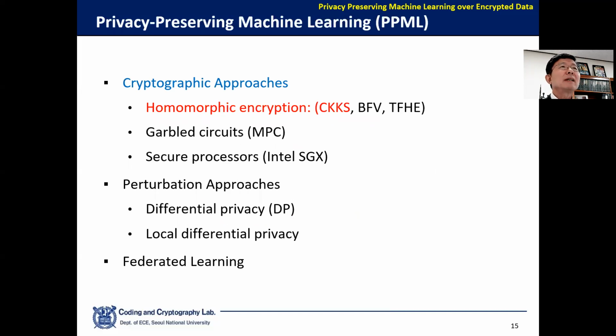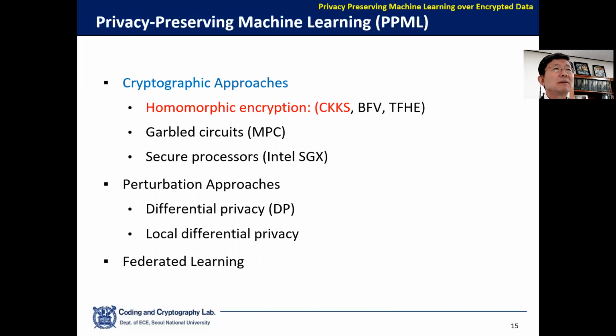Okay, there are several different types of PPML. The first one is the cryptographic approach, such as homomorphic encryption using CKKS, BFV, and TFHE, or the garbled circuit in MPC, multi-party computation.